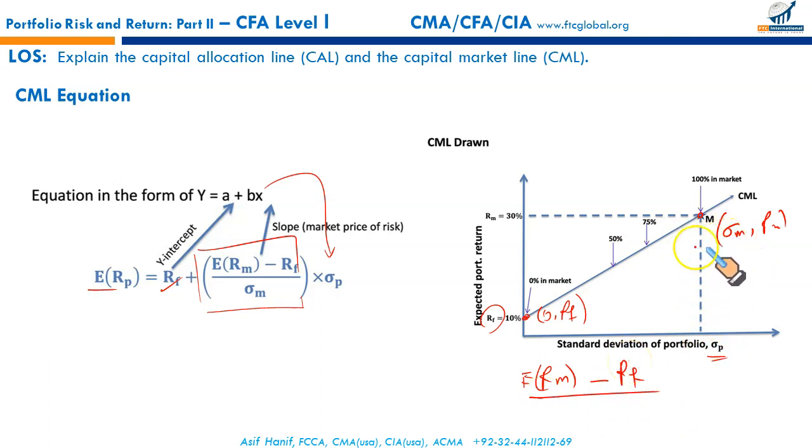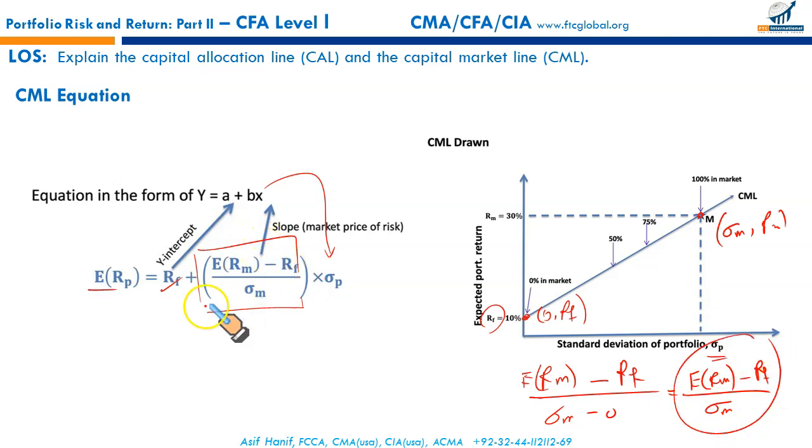So x2 here is the standard deviation of the market portfolio, and x1 is 0. So what you get is the expected return of the market minus the risk-free rate, upon the standard deviation of the market portfolio. So this is what has been replaced in place of B. So this is now the capital market line equation.